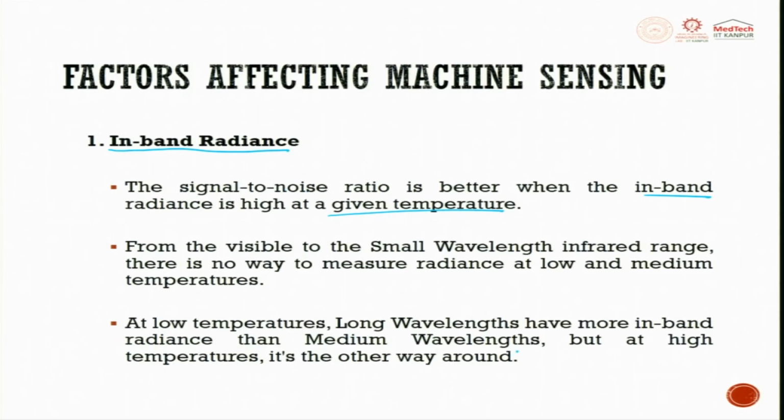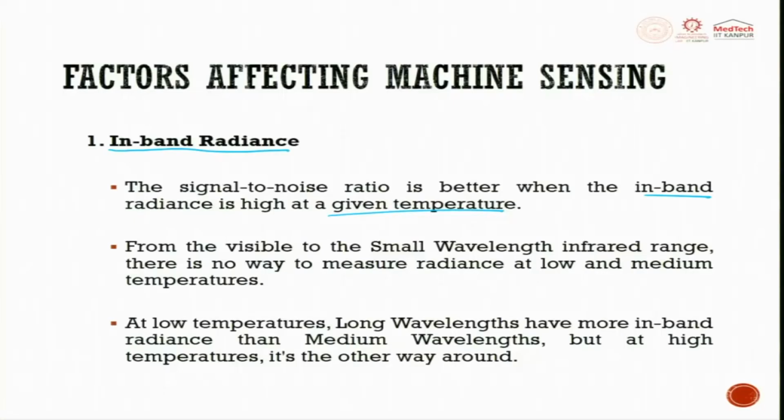Many times when you work on picovolts, nanovolts and microvolts, you will see the signal has a very small voltage output and the noise is of equal size. So, if you have a good signal, then the signal is high as compared to the noise. It is better when the in-band radiance is high at a given temperature.